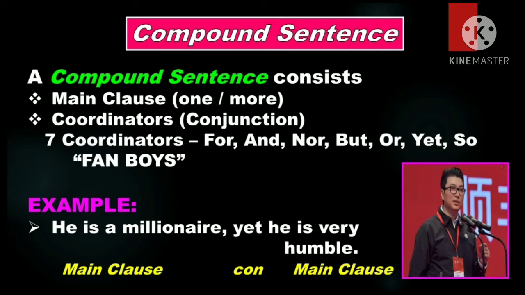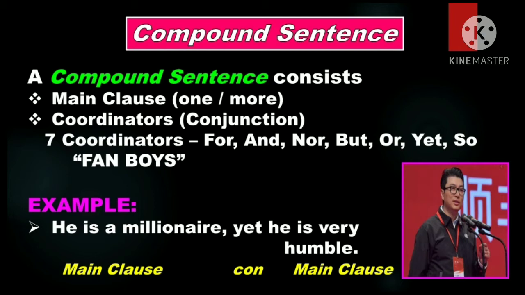They are a subject, an action verb, and a complete thought. So, coordinating conjunctions are seven. They are for, and, nor, but, or, yet, so.